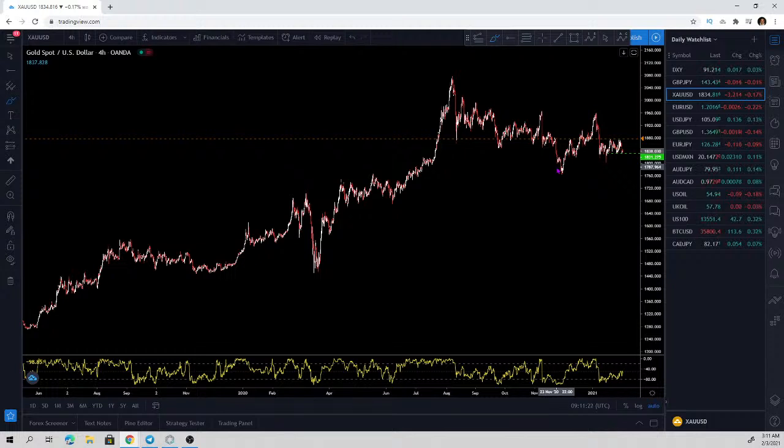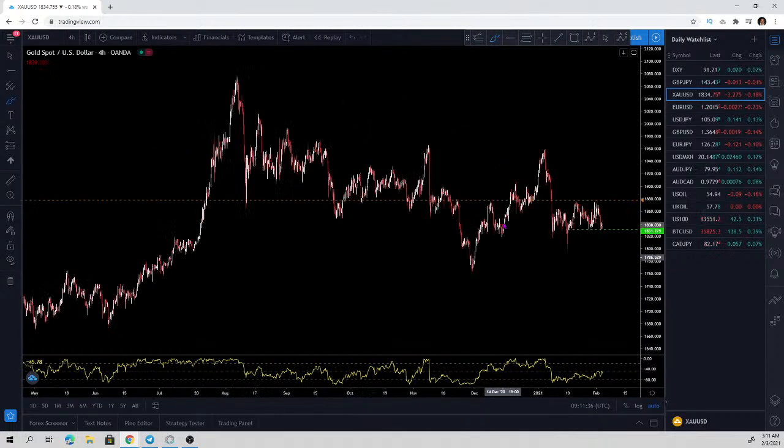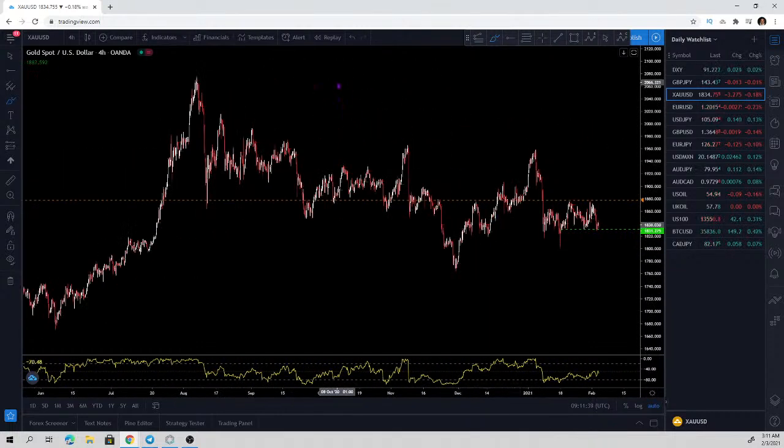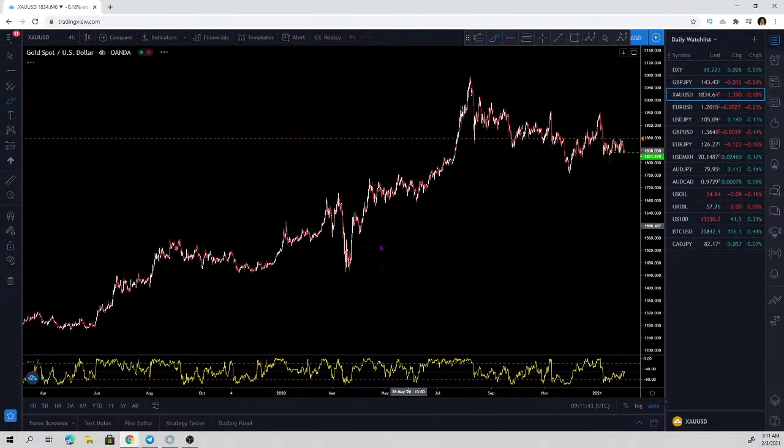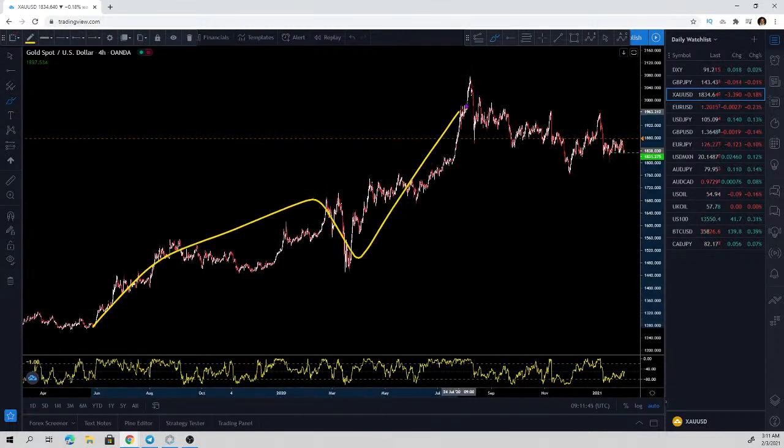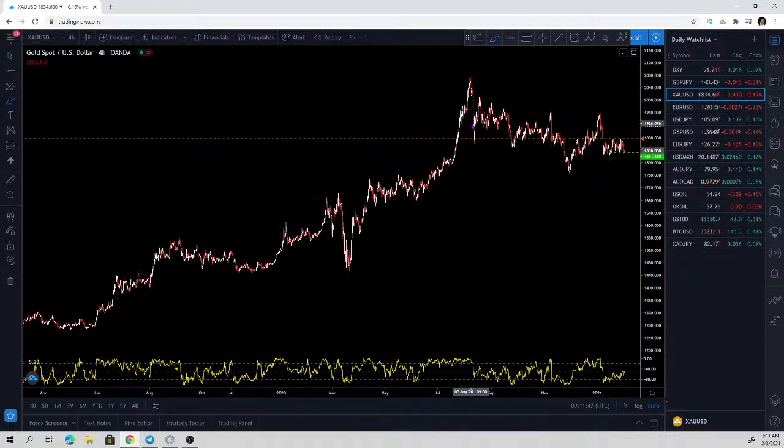But I'm not looking too much at seasonality at the moment because the market that we are living in at the moment is not the same market that we have seen over the past decade because of the coronavirus pandemic, right? And this big rally in gold is due to that.